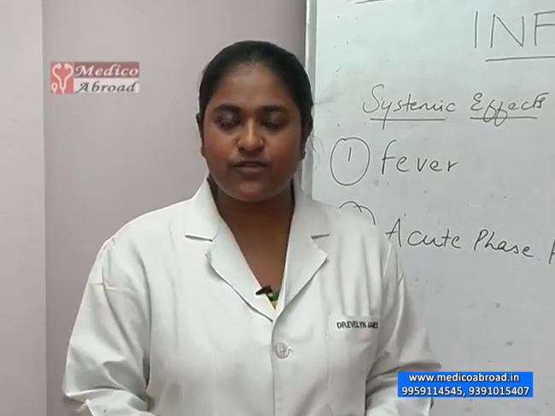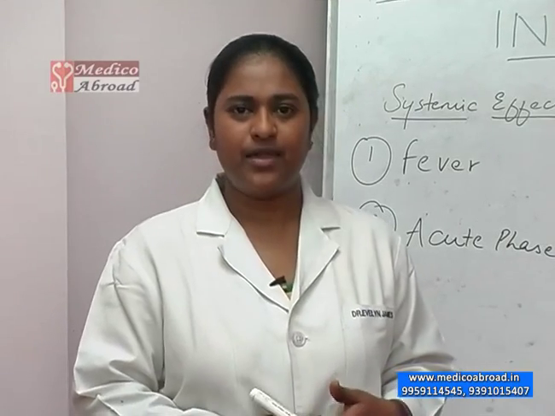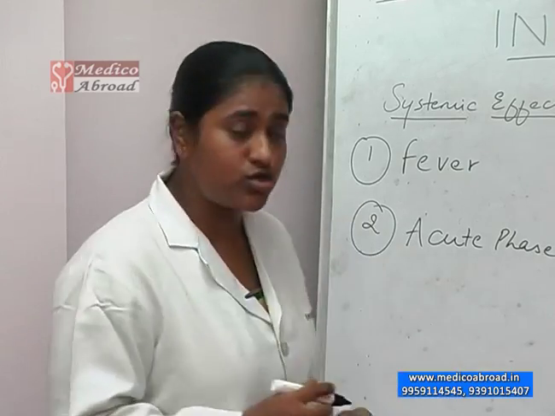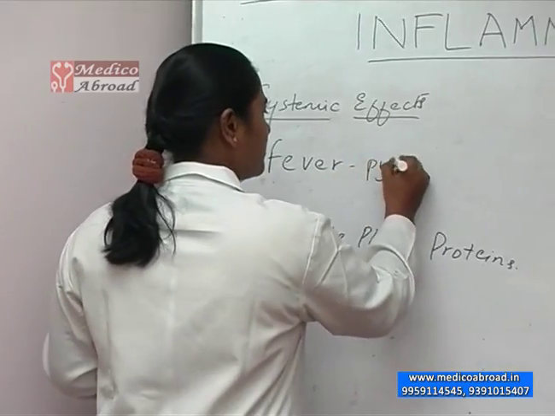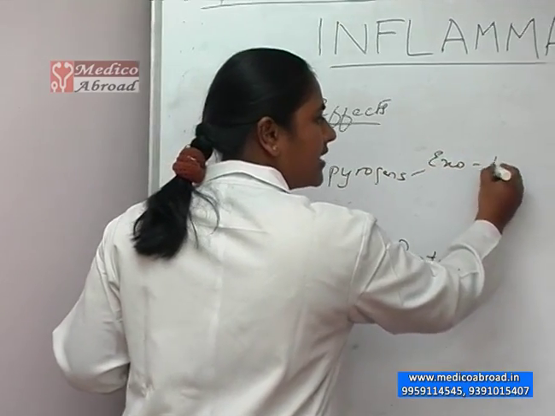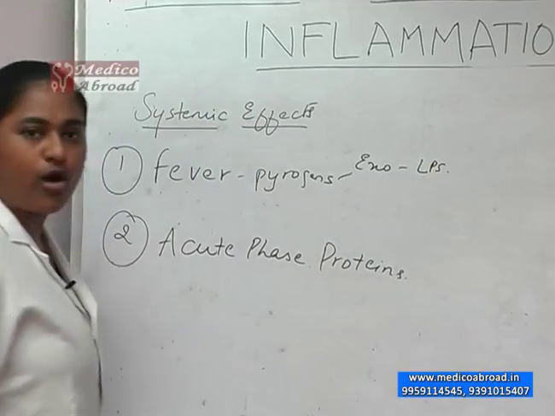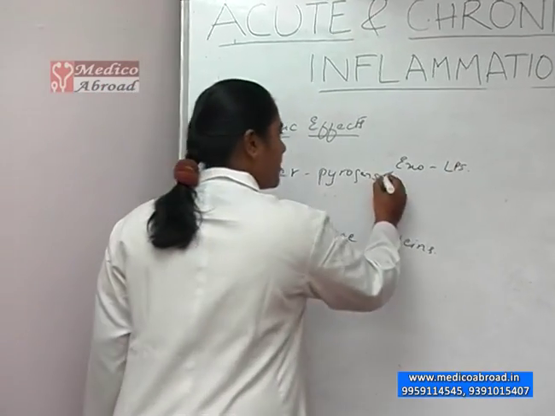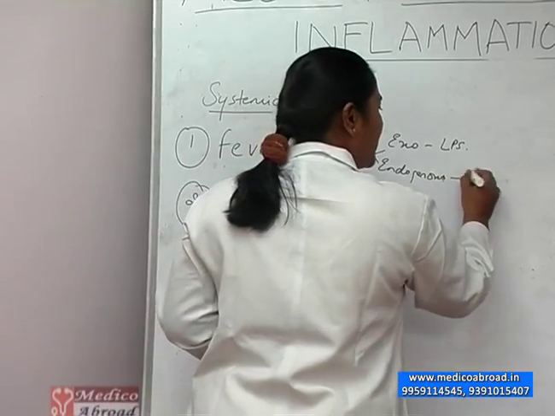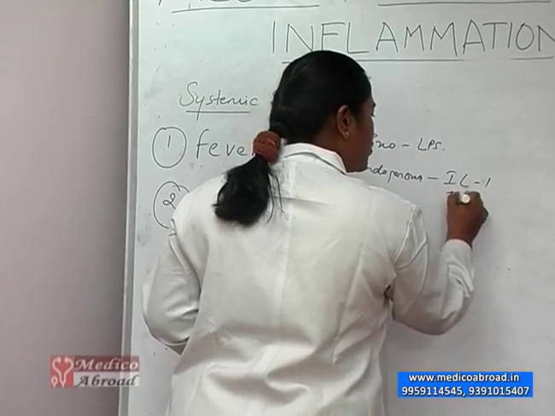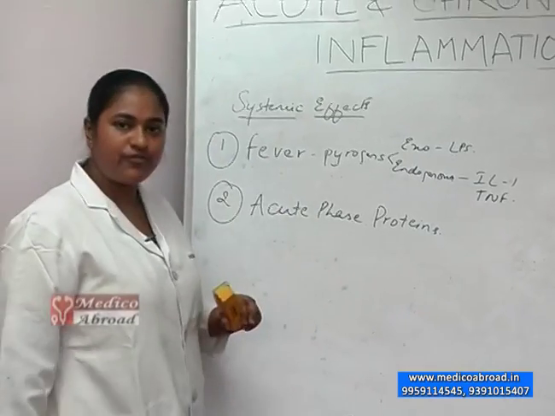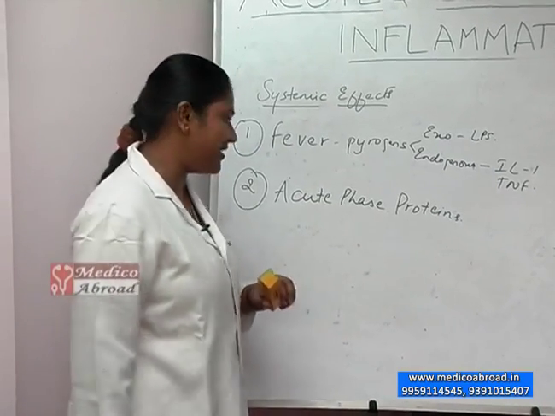There is a rise in temperature from 1 to 4 degrees centigrade, and this could be caused because of pyrogens, which may be exogenous, like the lipopolysaccharides of bacteria and other microbes. Endogenous pyrogens may be Interleukin 1 or tumor necrosis factor. These are pyrogens which cause a fever in the acute phase of inflammation.